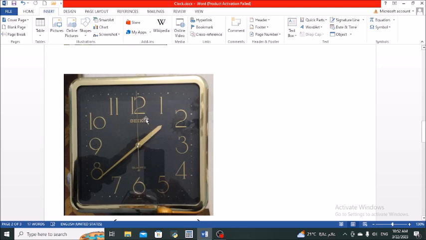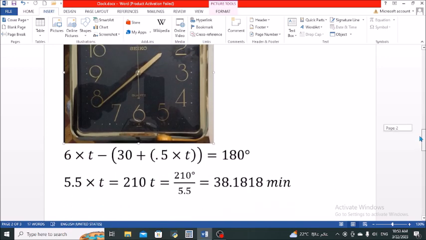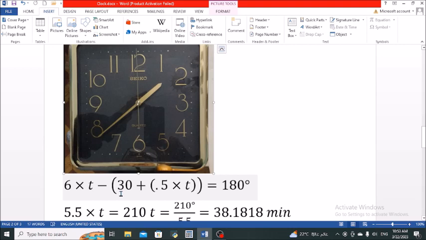Let's calculate another case, which is when they would be collinear after 1 o'clock. We'll start calculating from when the time is 1 o'clock. When the time is 1 o'clock, the hours pointer is at 30 plus 0.5t, because it has moved a bit far from the 1, and the minutes pointer has moved from the 12 till here. So put in our equation 6t of this pointer minus (30 plus 0.5t) should be equal to 180.